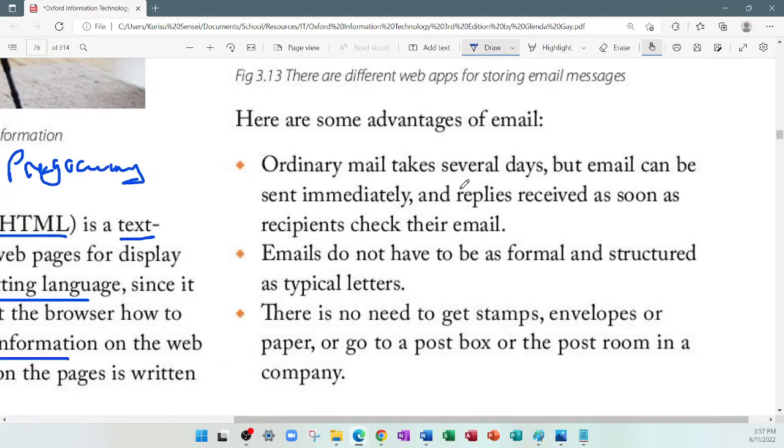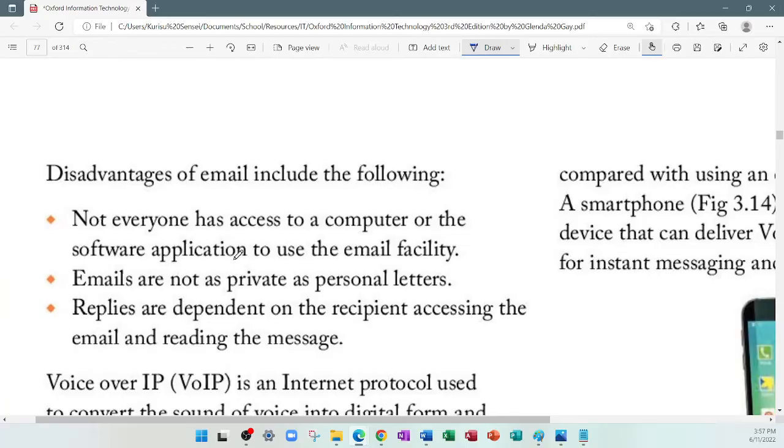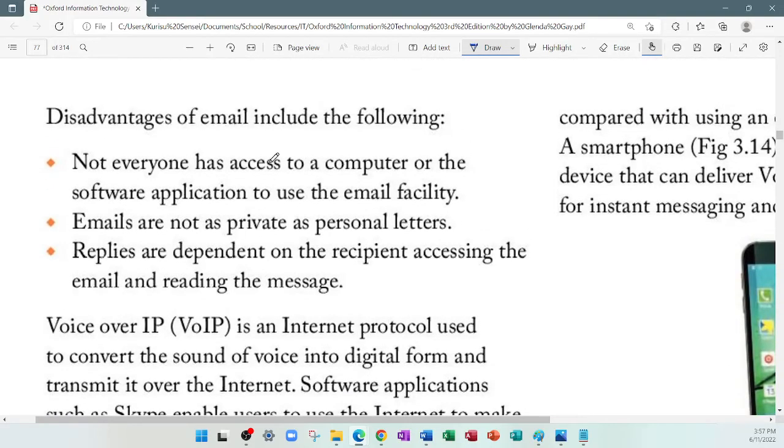Advantages of an email: ordinary mail would take several days, but email can be sent much faster. For email, you don't have to be as formal. You don't need any stamps or envelopes, so they're basically comparing it to normal mail. Disadvantages of email now.